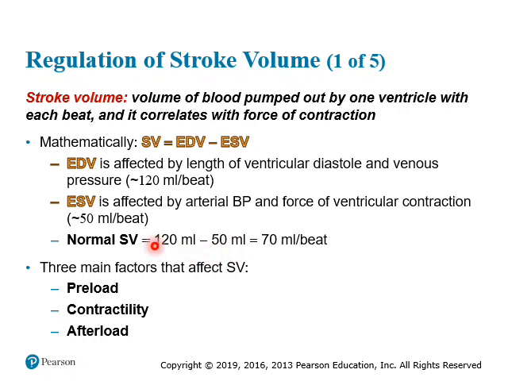You deduct that from the 120 ml, which is your end diastolic volume, then your stroke volume is 70 ml per beat. This is the amount of blood that just left the ventricle. And there are three factors that would affect the stroke volume of the heart: preload, contractility, and afterload.